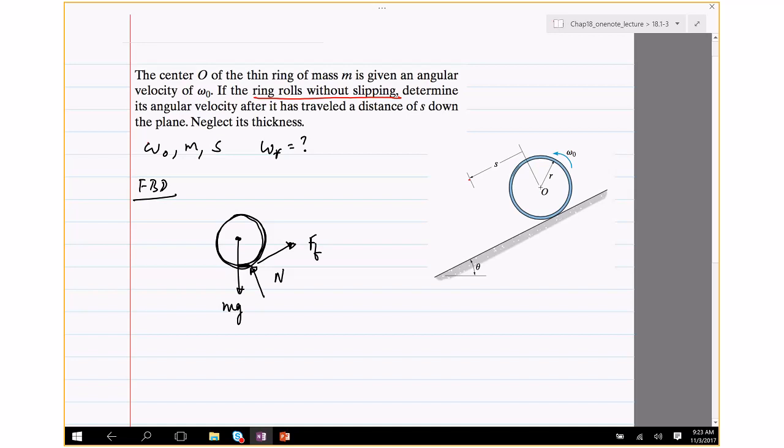Okay, so that's it. Now, again, the question is how should I solve this? I could potentially solve it using F equals ma. If you do that, you should get the same answer which I'll get using conservation of energy. In general, conservation of energy or work done is a trick you use when you're trying to find omega or v as a function of s or omega as a function of theta. You should use work done or conservation of energy.